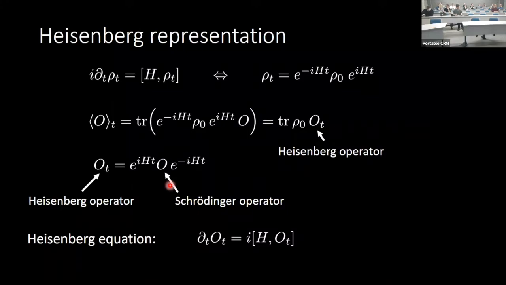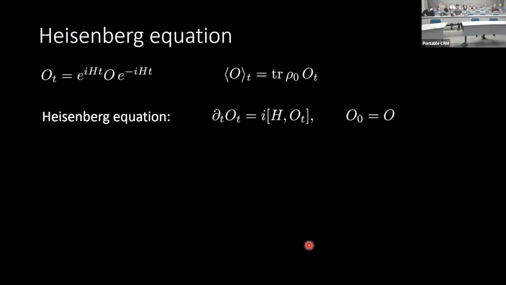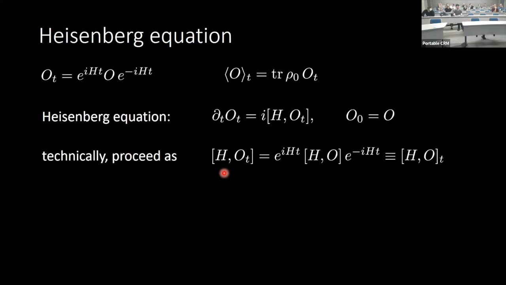So now all the time dependence is in the Heisenberg operator, and it evolves according to the Heisenberg equation. How do we write down this Heisenberg equation? Technically, it all boils down to taking a commutator.